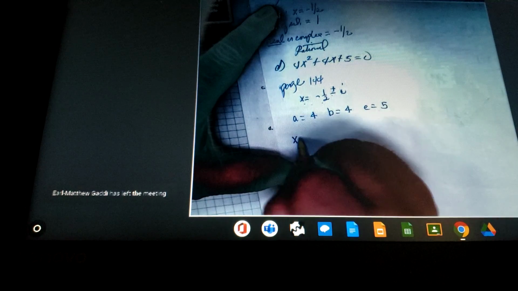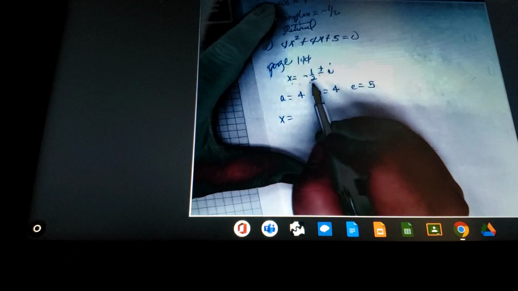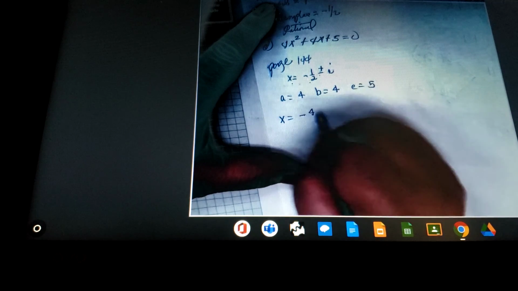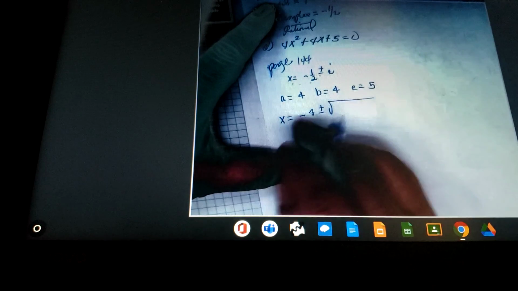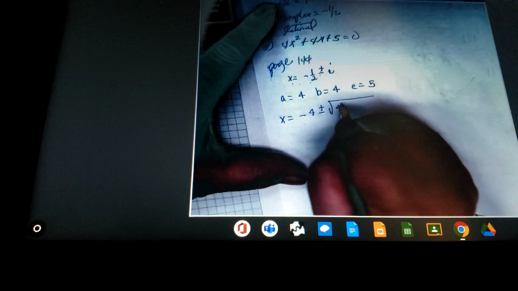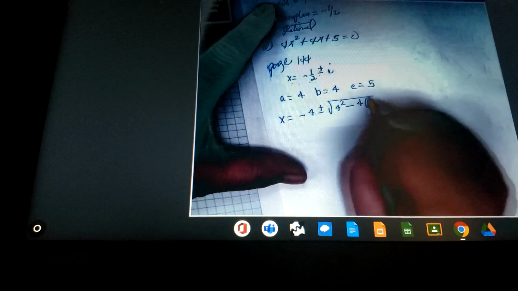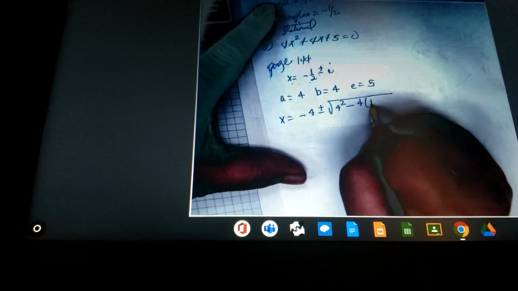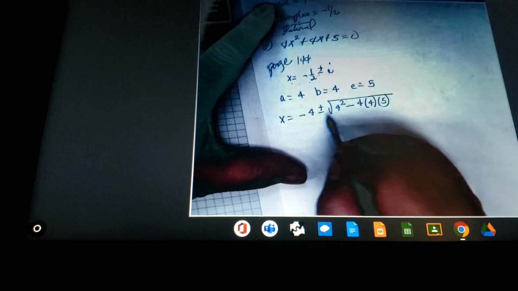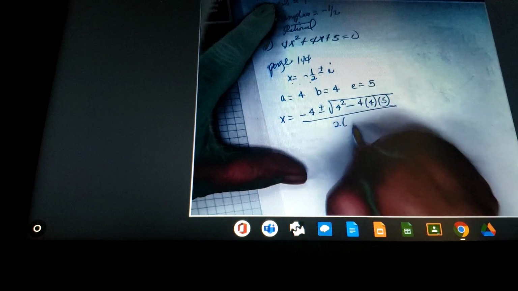So x is equal to negative b plus minus the square root of b squared minus 4ac, all over 2a, where a is 4.